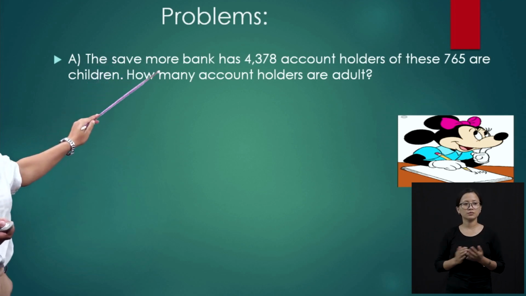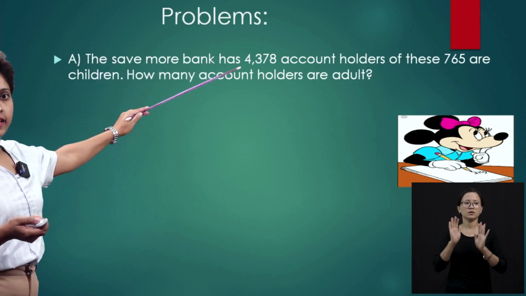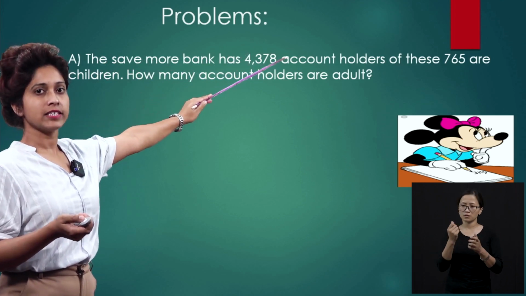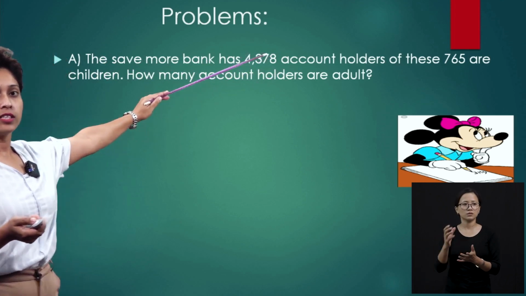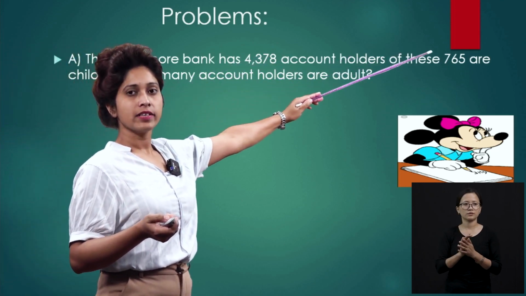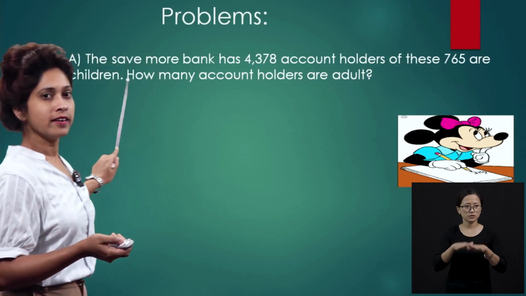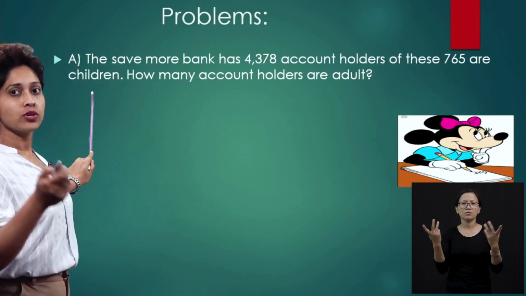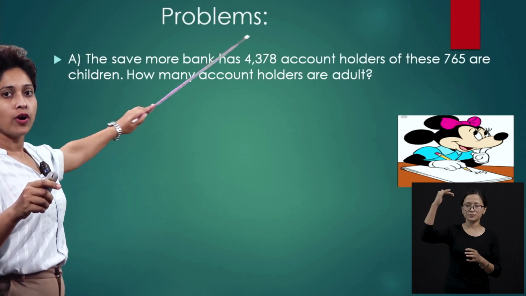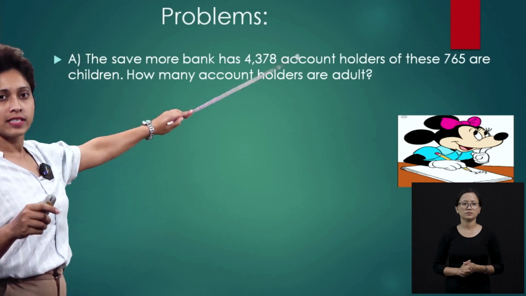The Save More Bank has 4,378 account holders. Of these, 765 are children. Okay, so 765 of them are children out of 4,378.